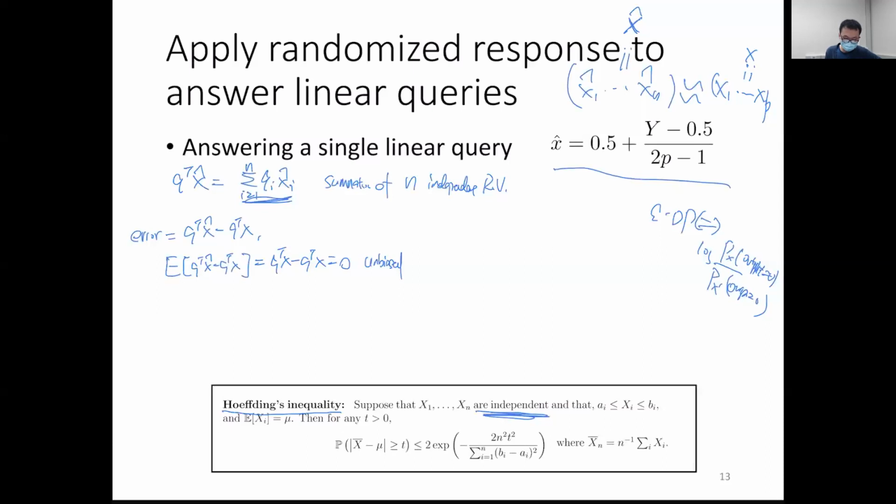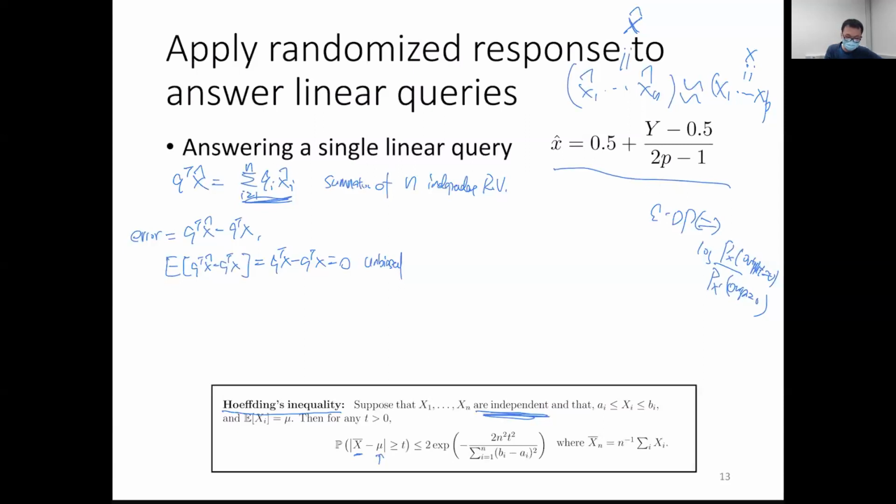Then you can show that the probability of the deviation of the sum from its expected value being larger than some t goes to 0 exponentially as t gets larger. This is saying that when we sum bounded random variables, it behaves more or less like a Gaussian. So let's try applying Hoeffding's inequality to this problem, so that we can show that with high probability Q transpose X hat is close to its expected value, which is the correct thing, Q transpose X.